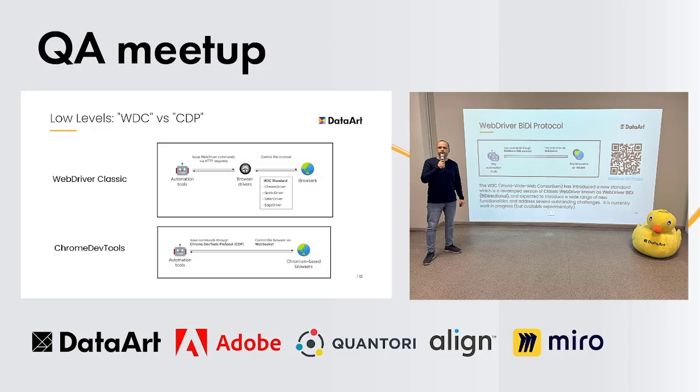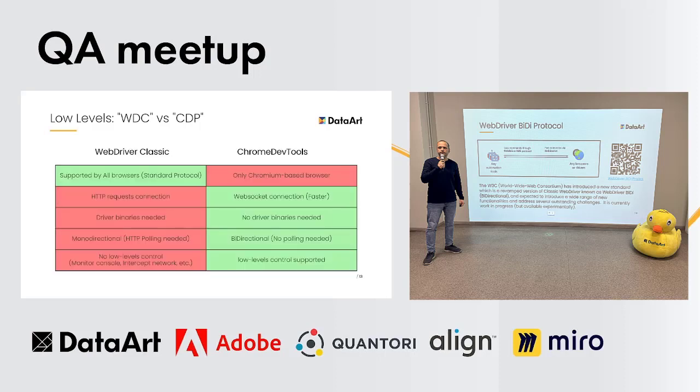It sends your request through an HTTP request. But in the Chrome DevTools Protocol, there is no WebDriver binary, and you send your request through WebSocket communication. This is the main difference between these two types, and we call this low level, okay? So let's compare these two types of tools.